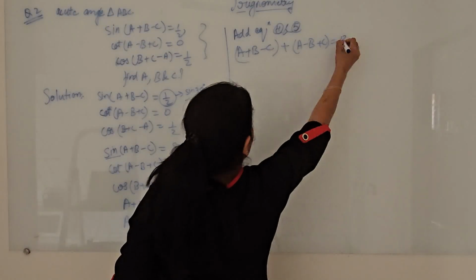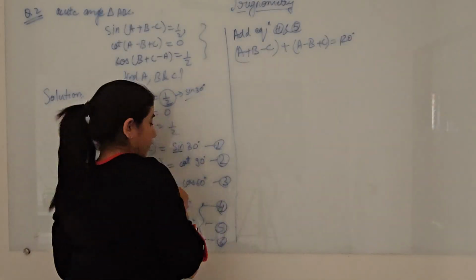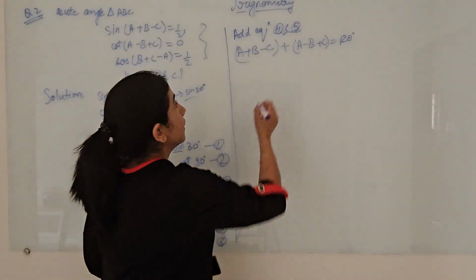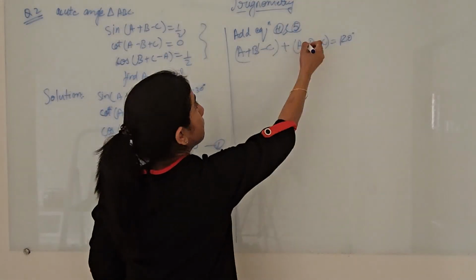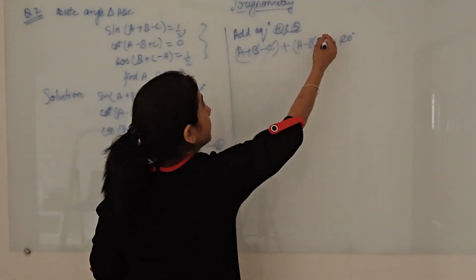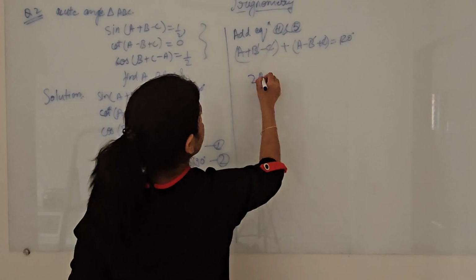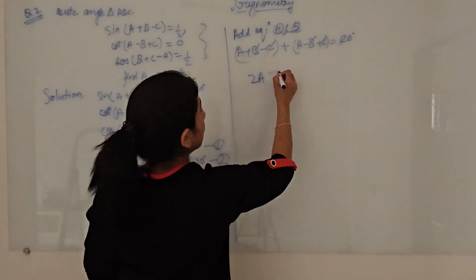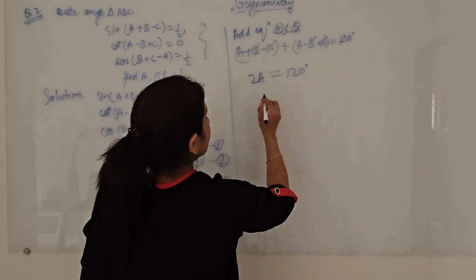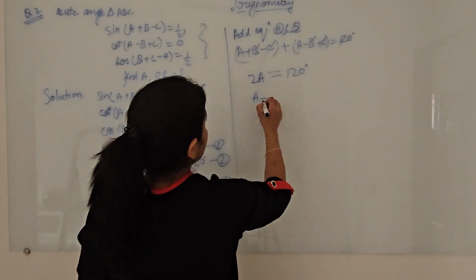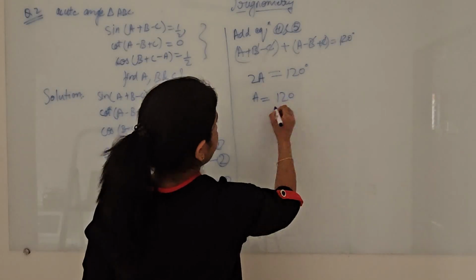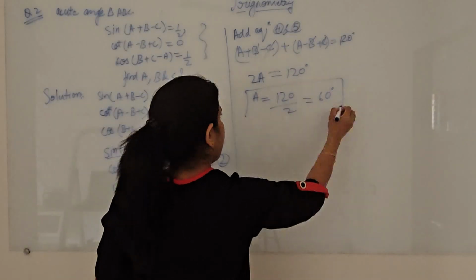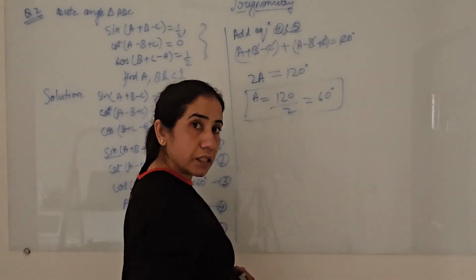On the RHS I'll write 120 degree, right? 90 plus 30, 120 degree, right? Now when I open up the brackets, plus B and minus B will cancel, minus C and plus C will cancel. I'll be left with A plus A, that is twice of A is equal to 120 degree, which implies that A is equal to 120 upon 2, that is 60 degree. So I found one of the angles, that is 60 degree.